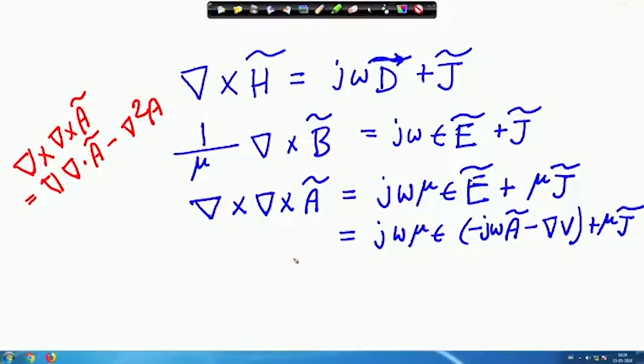So, if we use this, then what we get in this side, I will write that del del dot A minus del square A is equal to this quantity.